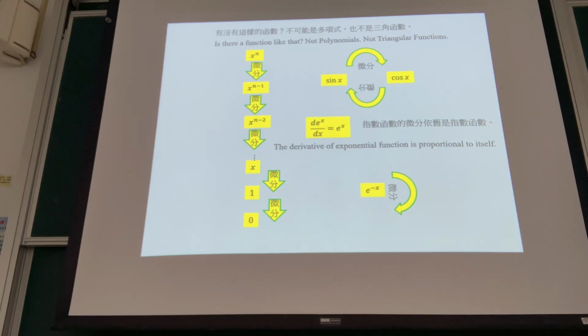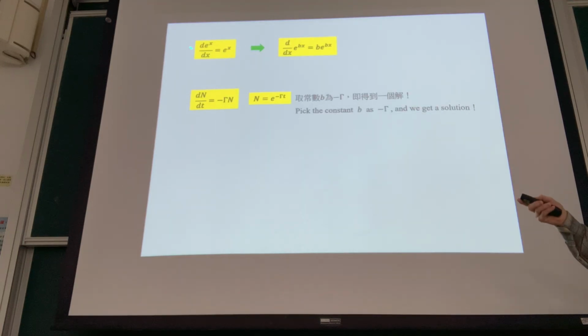I assume there's no problem here. And if the exponential function's derivative is itself, then the exponential function with a constant, for example e to the bx, when you take the derivative, by chain rule, must equal b times e to the bx. Any question about this? Chain rule.